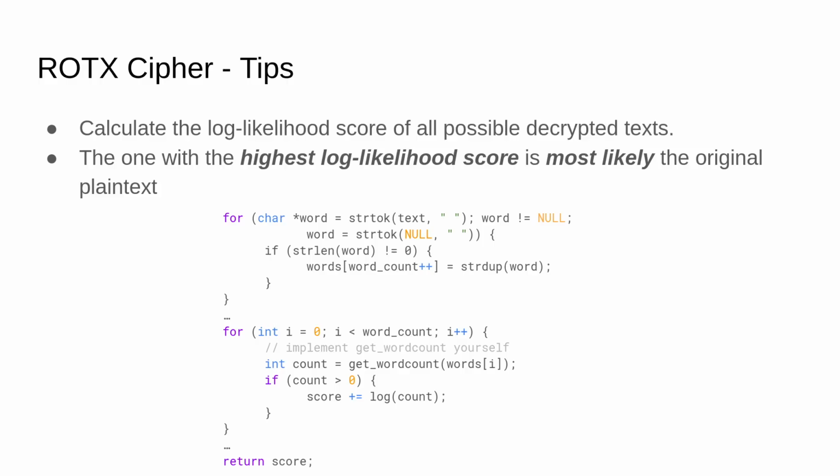Basically, we change from counting the number of words that appear in your plain text to adding the log of the count of each word appearing in the plain text. The reason we do that is that if we do a sum of logarithms, then it basically acts like probability.